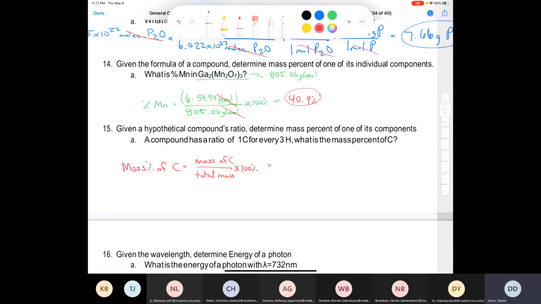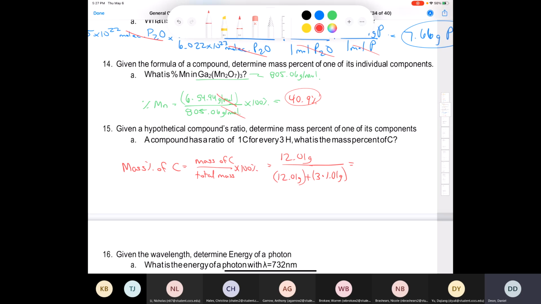So if we have 1 carbon, it weighs 12.01 grams. And if we have 1 carbon for every 3 hydrogens, we have a carbon in the denominator plus 3 hydrogens, 3 times 1.01 grams per mole, and I'm just leaving out the moles here.